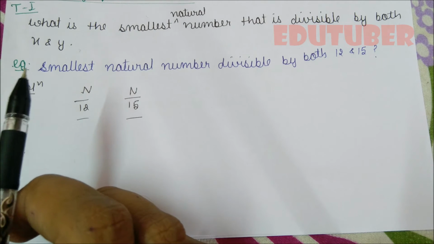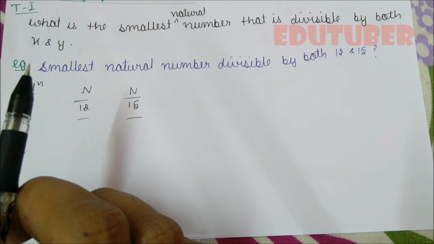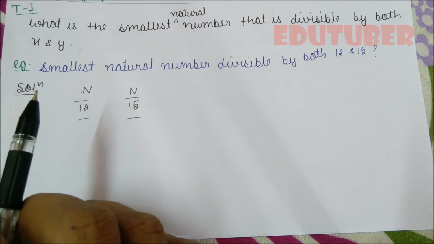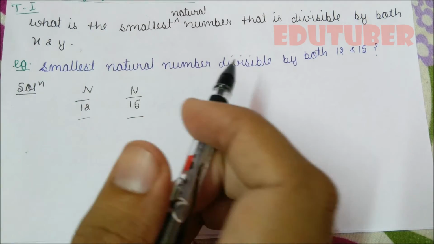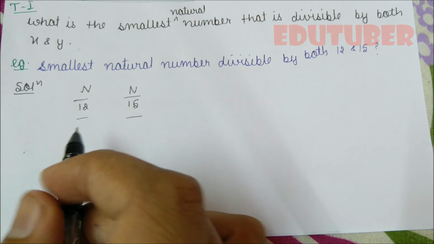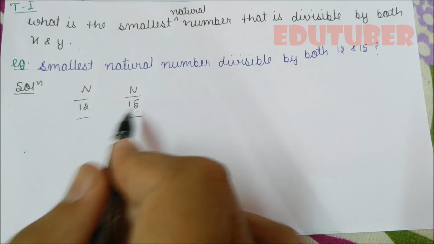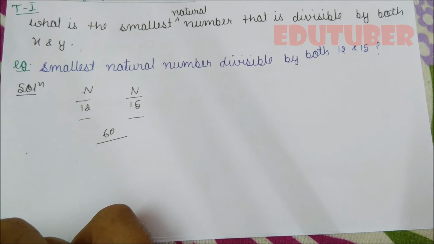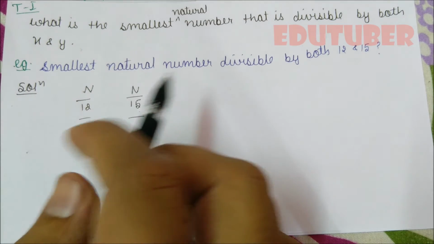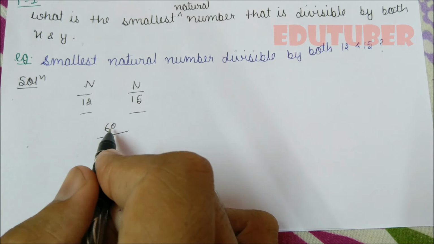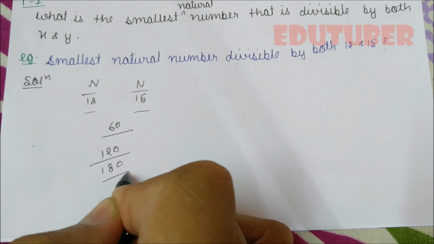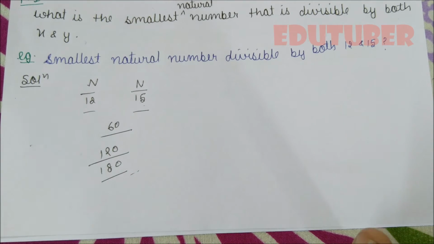Common multiple means it is divisible by both the numbers, and least means it is the least common multiple. So the smallest natural number divisible by both 12 and 15 will be the LCM of 12 and 15, that is 60. Now if he asks what is the second smallest natural number divisible by 12 and 15, 60 plus 60, 120. Similarly, third smallest number, 180, and so on. I hope this is clear to you.